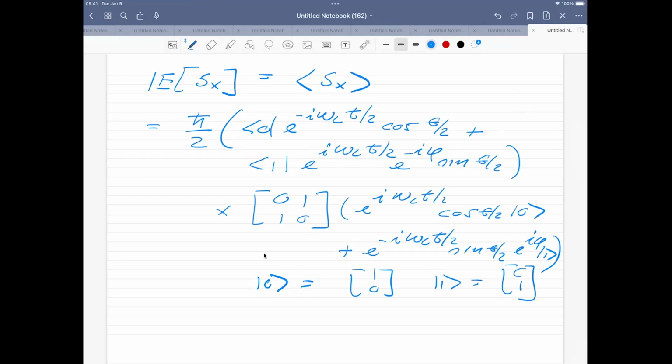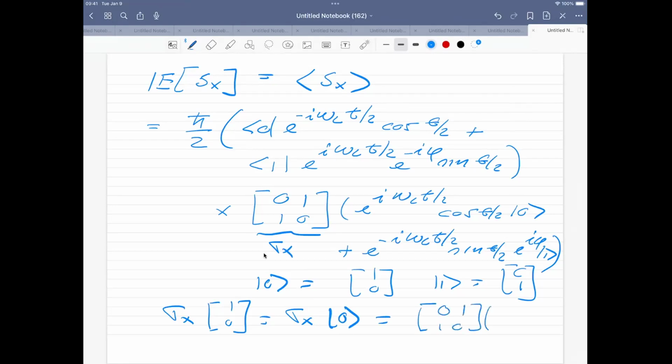So let me just quickly remind you. Sigma x acting on the 0 state, we know that that one gives us, if we take 0, 1, 1, 0, acting on 1, 0, that is simply 0, 1, which is the state 1.